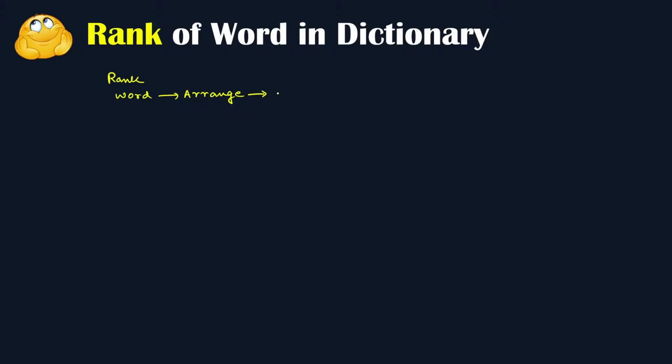So you place all those words in the dictionary, and the word which is given to us will come somewhere after placing the words. Naturally that word will also take some place. The rank means the position of this word from the first one. That's what is called your rank. Is it clear? Okay, let me take one example.